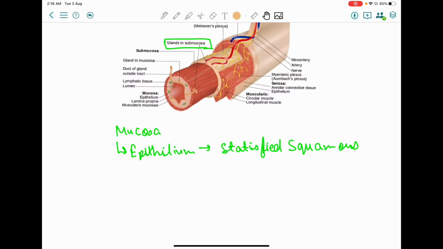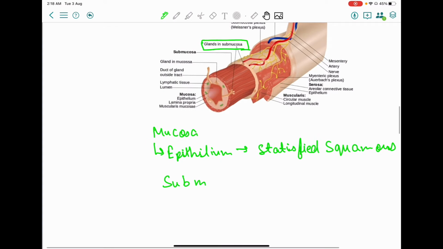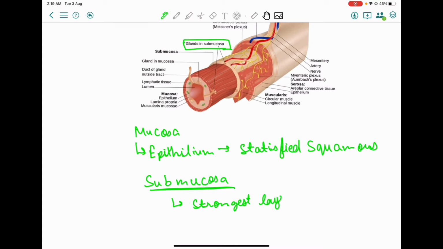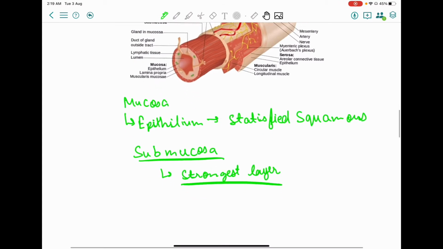And also I want to tell you that in the esophagus, the submucosa is the strongest layer.